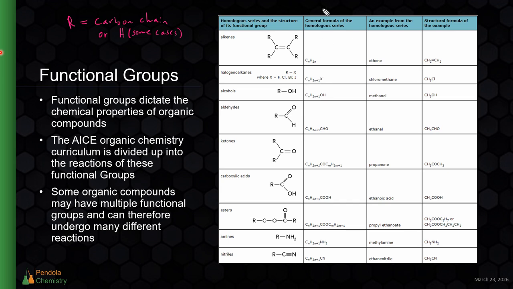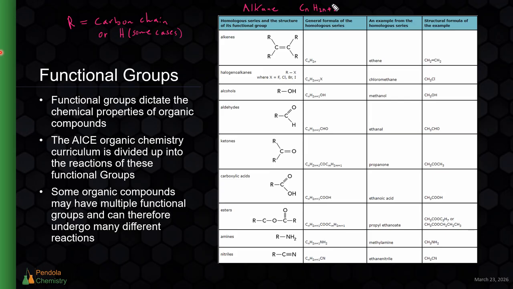Now, why this? An alkane is just a regular hydrocarbon with single bonds. The general formula is CnH2n+2. So alkanes are what we call just regular carbon chains, right? Without any functional groups, just carbon, hydrogen, everything single bonded.